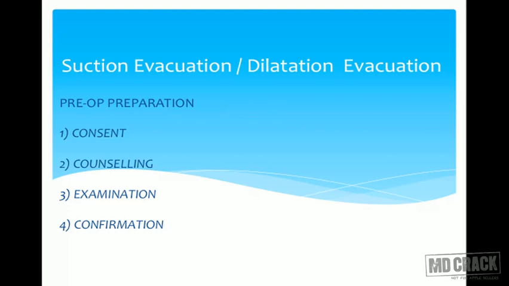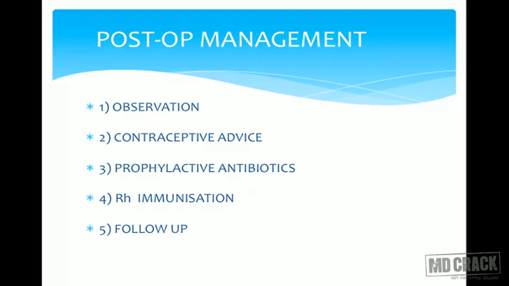If the perforation is larger, we may have to open her abdomen and correct the rent on the uterus. All these things should be discussed with the patient and her guardian or spouse, whoever has come. Proper examination is to be done, gestational age confirmed, and ultrasound done to confirm our clinical findings. Once everything is done, we take the patient for the procedure.